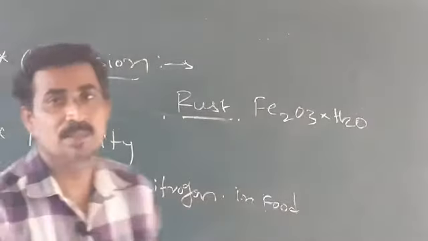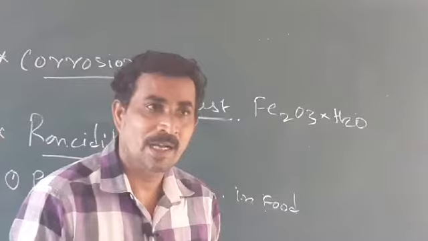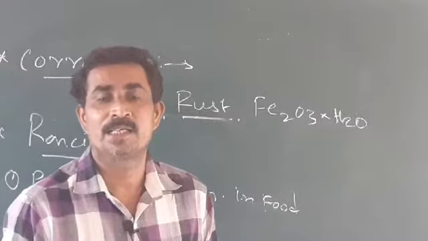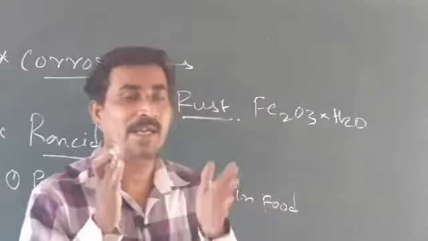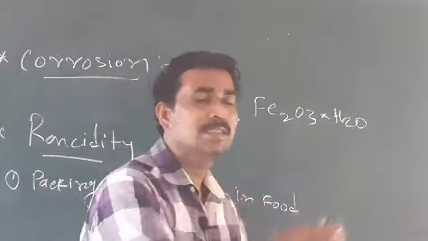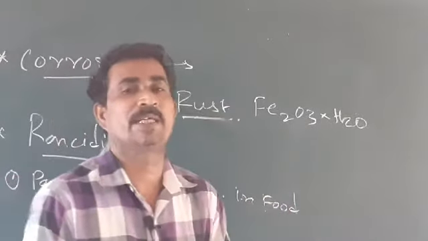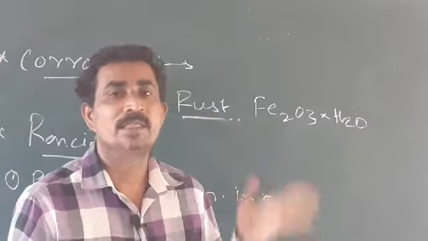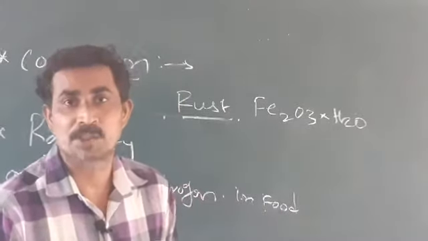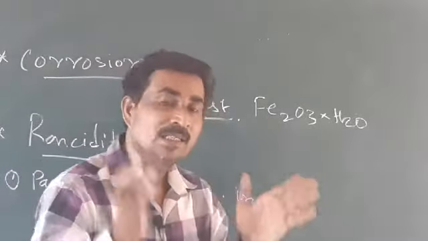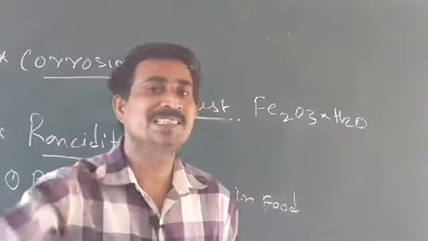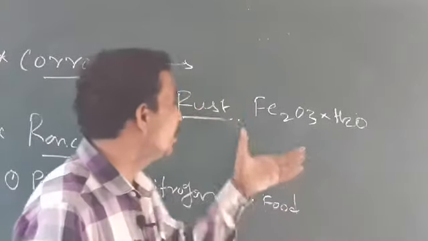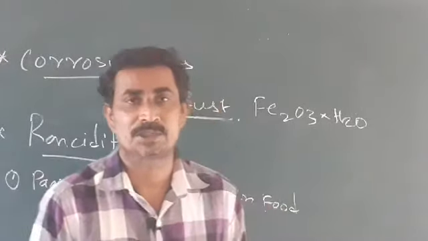First, corrosion. What does corrosion mean? Suppose iron is going to rust. How do we identify that iron has rusted? When an iron part comes into contact with sunlight, air and water for a long period, the corrosion or rusting process goes on. A brownish layer will form on the iron parts, and that is how we identify corrosion.